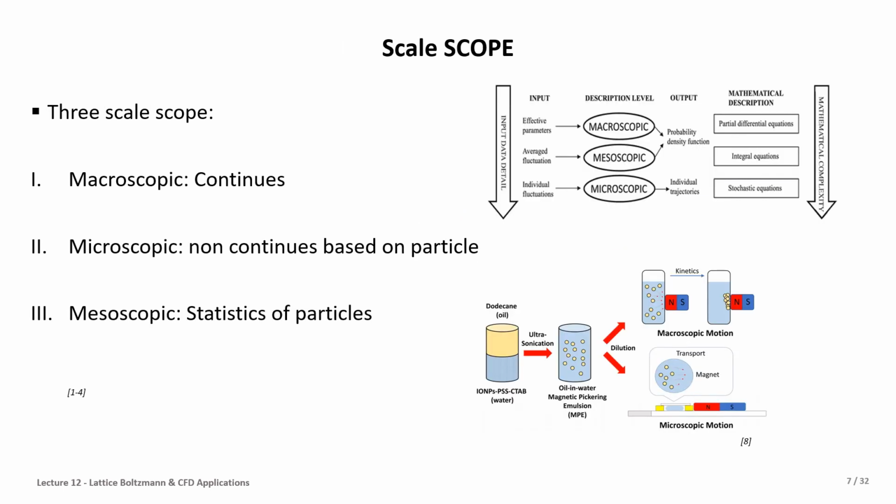First, before we start on the Boltzmann equation, we need a description of the scales or scopes. There are three scopes when we are studying the physics of a domain, for example, fluid dynamics: the macroscopic one, which is related to the continuous domain, the microscopic one, which is non-continuous and based on particles.